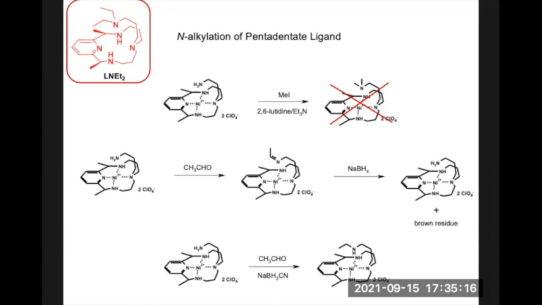So I tried a milder reducing agent such as sodium cyanoborohydride instead of sodium borohydride, and it worked perfectly to form the alkylated amine compound. Now, this teaches us an important lesson. Some reactions are good only on paper, but not necessarily in practice.